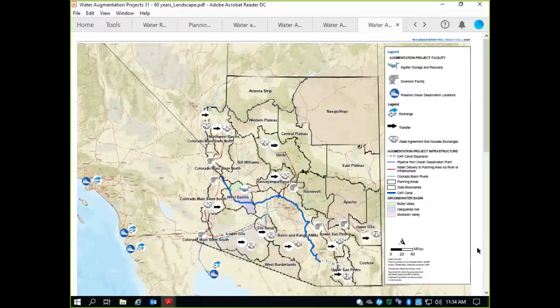And so it may not be a physical pump station and a pipeline. It could be an exchange along the river where farther up the river someone could divert more water that normally would go to SRP, and then SRP would get the water that comes through the CAP.